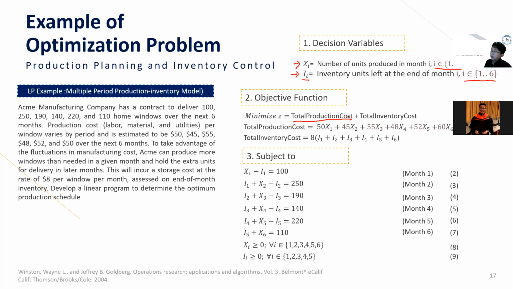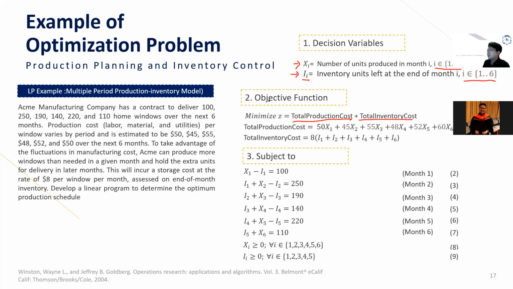When we produce more than what is being used, it becomes inventory in the next month, so there is also an inventory cost.